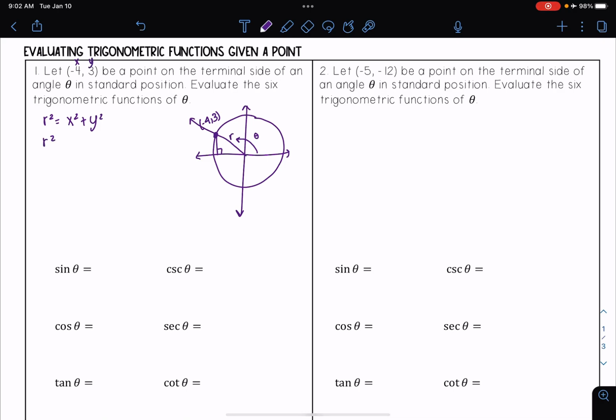So I have that r squared is equal to negative 4 squared plus 3 squared. So I get 16 plus 9. And then taking the square root of both sides, I get that r is equal to 5. So I have r equals 5, x equals negative 4, and y equals 3.